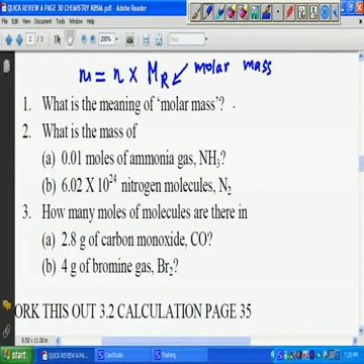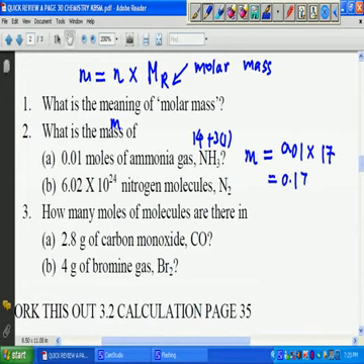So using this formula, we can find the mass M here. The mass of ammonia gas would be 0.01 times the molar mass of ammonia gas. This is 14, this is 3 times 1, so you get 17. So what do you get? 0.17 gram.